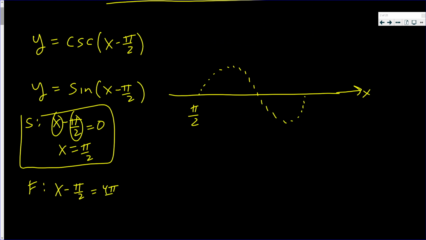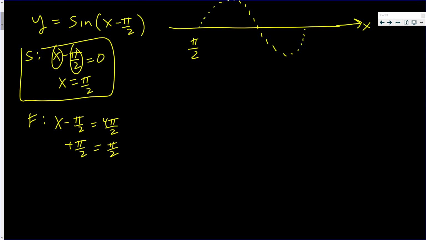But I'm going to write it down as 4 pi over 2. Why? So when I add the pi over 2, I have common denominators. Just remember that that is 2 pi. This cancels out by design, and we get 5 pi over 2.